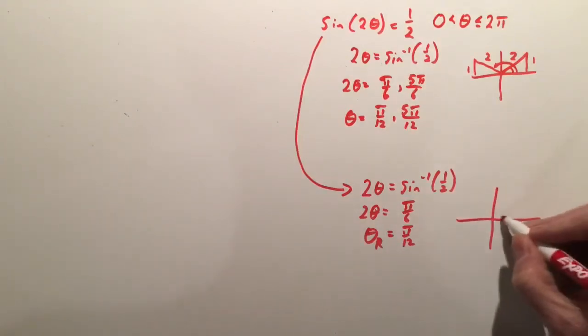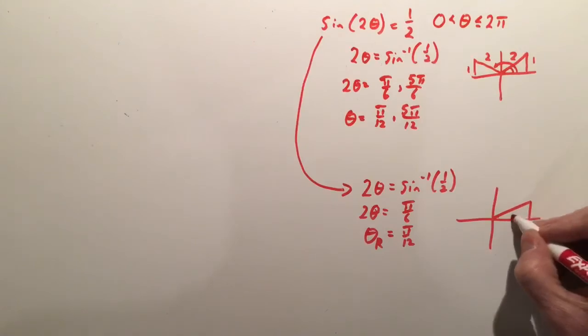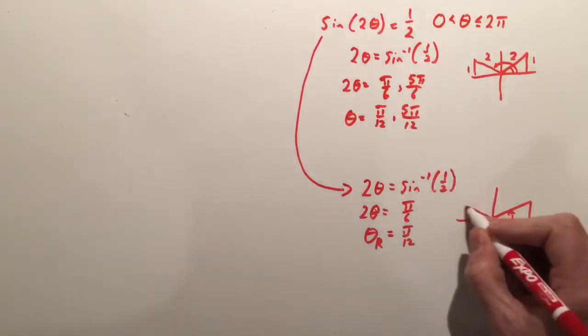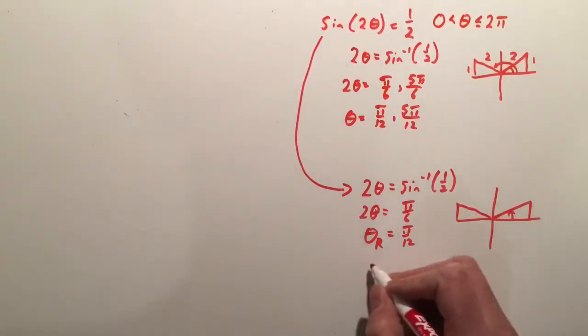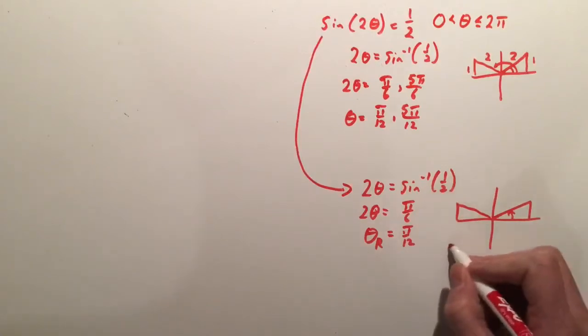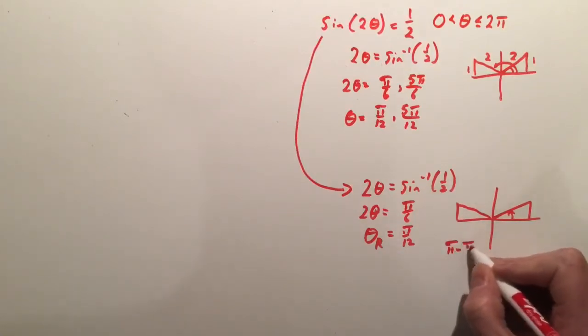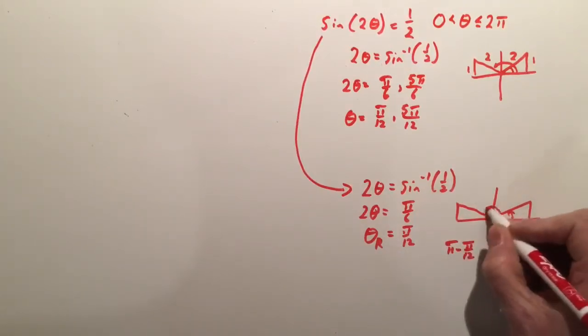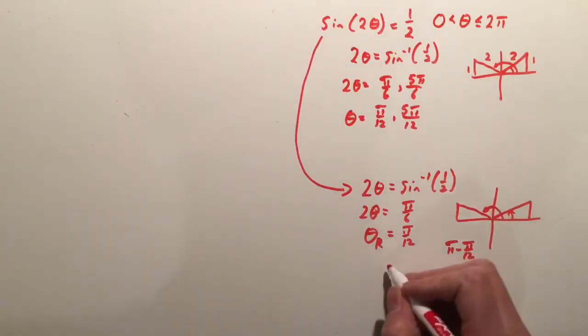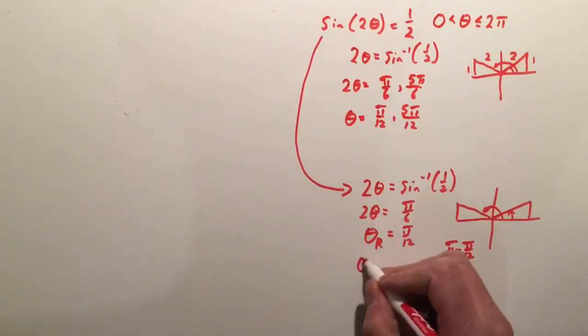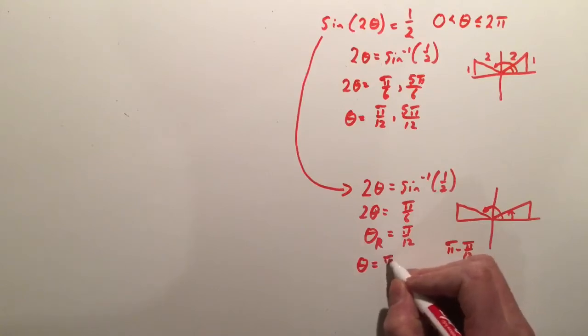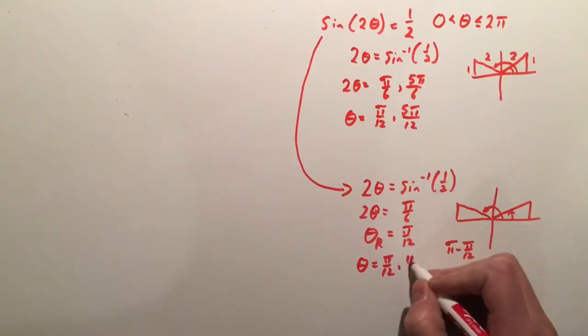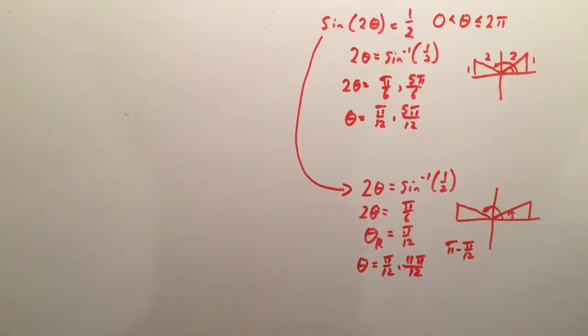And I look at my triangles, and I've already found one solution is pi/12. And then the other one is going to be pi minus pi/12. And that is, of course, going to give me pi/12 and 11 pi/12.